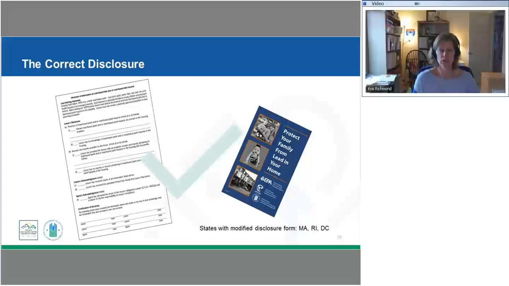And they're provided with tenant instructions on who to contact if they identify any deteriorated paint later on during the time they're living there. We also need to make sure that visual assessment is happening if we're in the property that has less than or equal to $5,000 per unit per year, or we're doing a risk assessment. That's a type of our evaluation.